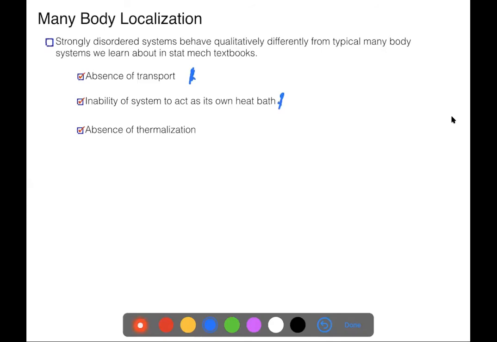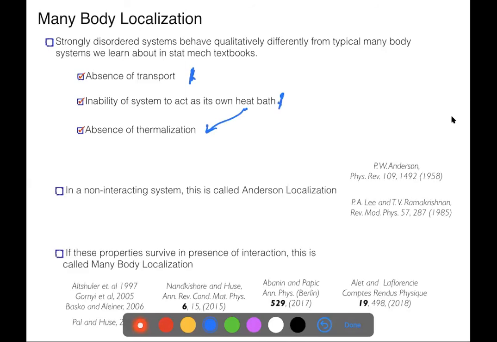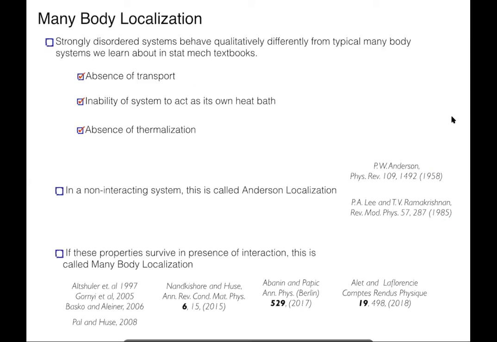And that essentially leads to the absence of thermalization. If you are doing this in a non-interacting system, this is called Anderson localization, worked out by Anderson in 1958. There's a very nice review article by Patrick Lee, T.V. Ramakrishnan, and others in Reviews of Modern Physics.